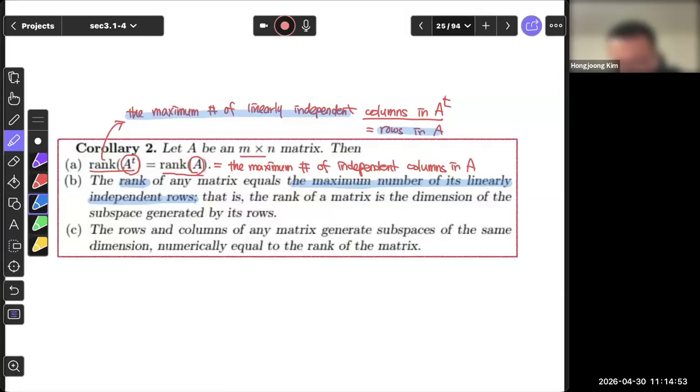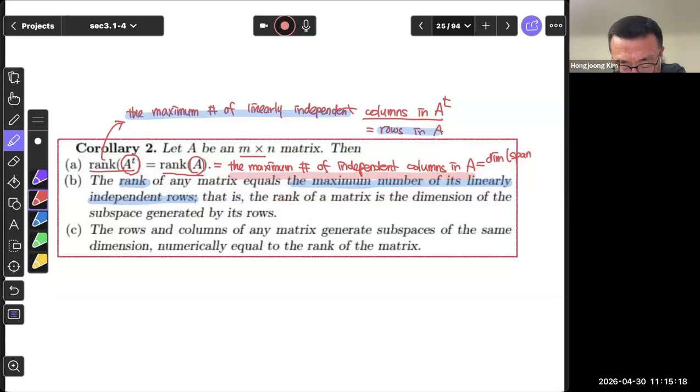Okay, and then one more step. This maximum number of linearly independent columns in A, that was the dimension of the span of columns.